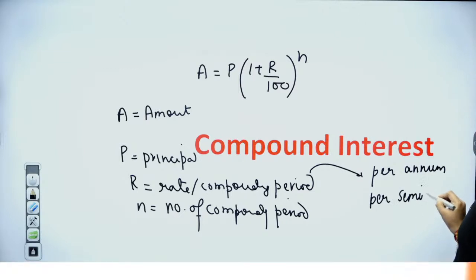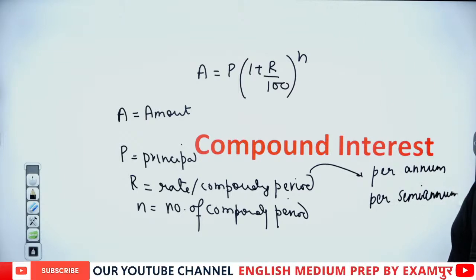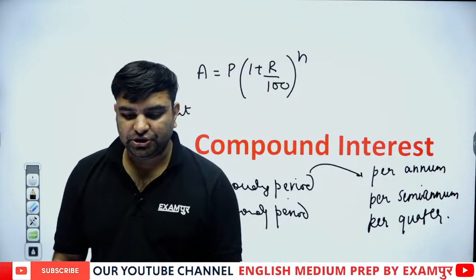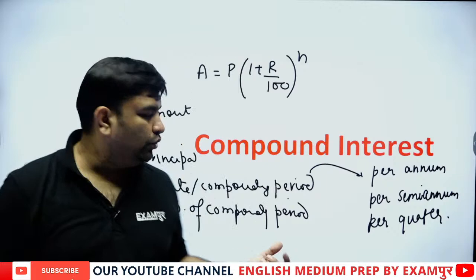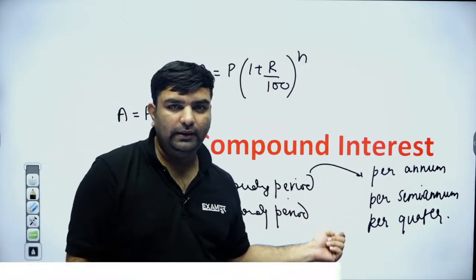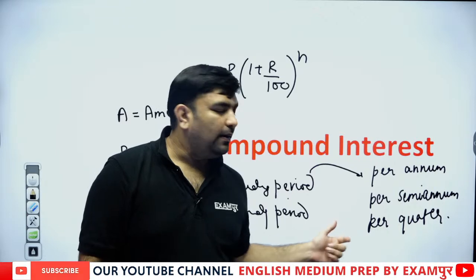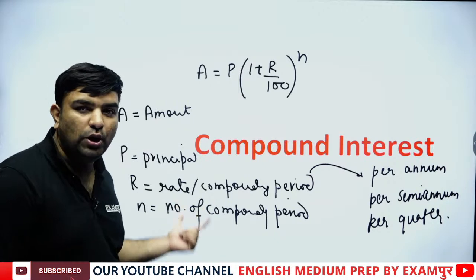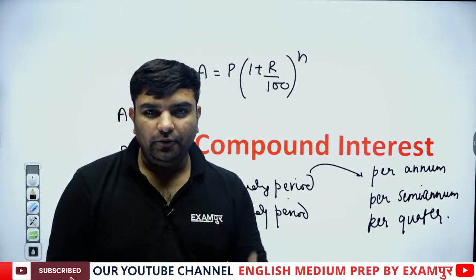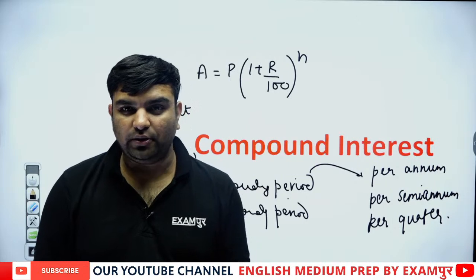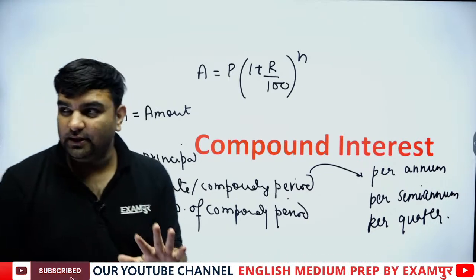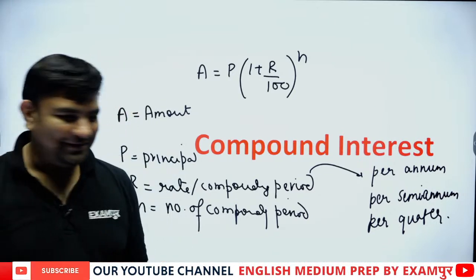That would be very clearly mentioned in the question, whether you have to do the compounding quarterly, annually, or semi-annually. The rate and the number of periods are decided based on that. If there is nothing mentioned, then it is per annum. Okay, let's move on.